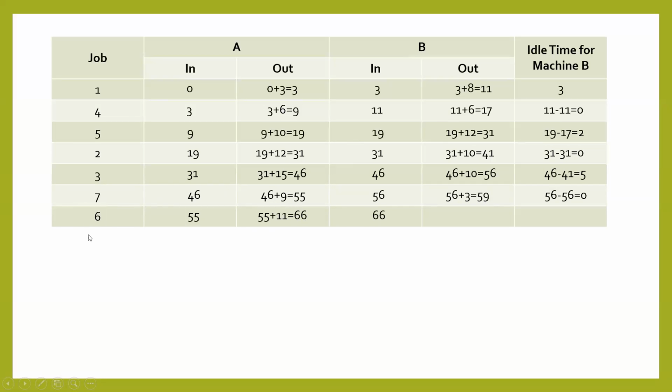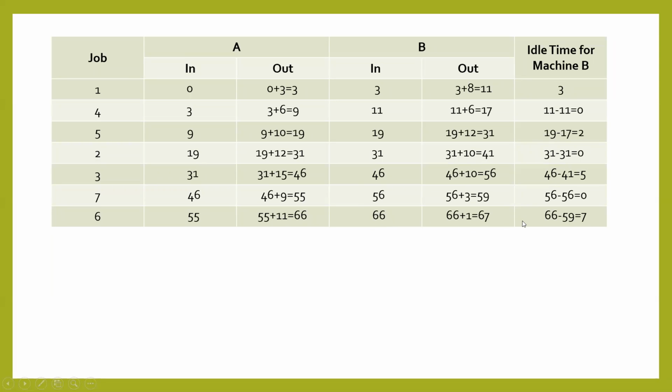Now, when this job number 6 starts on machine number B, whatever time it takes to complete this job, that will be the time for which the machine number A will be idle. Okay, so this will take only 1 hour. So total is 67, and the idle time for machine number B will be 66 minus 59. That gives you 7. And what is the idle time for machine number A in this case? That will be only 1, because it is taking only 1 hour to complete this last job.